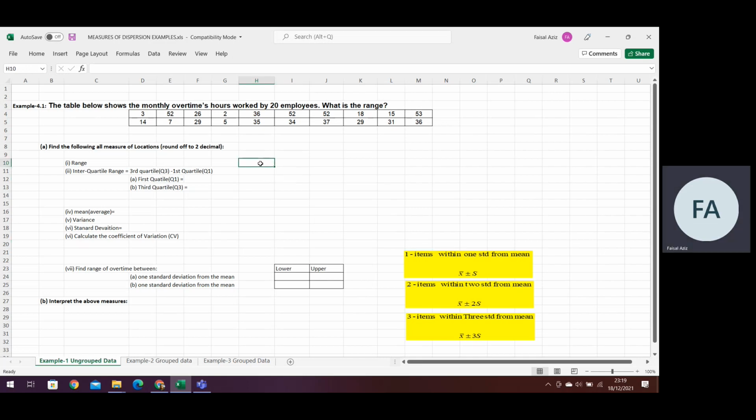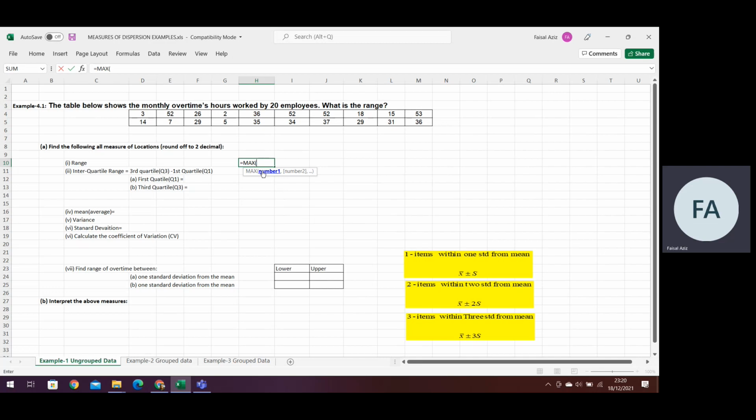Range is basically the difference between the highest observation and the lowest observation, meaning maximum minus minimum. So I'm going to apply a formula through which we will calculate the range of this given data set. I will press the equal sign and then write max.